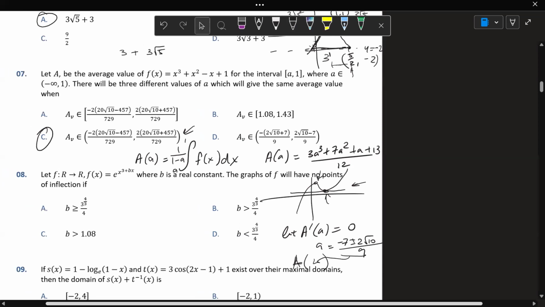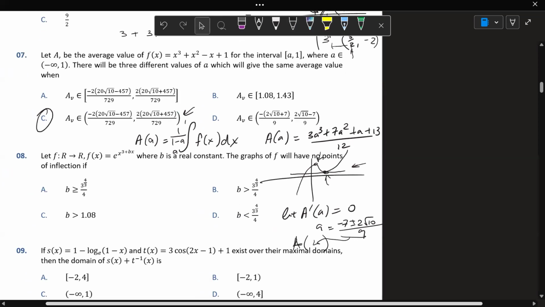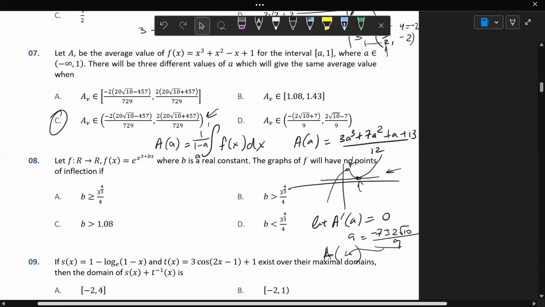Okay, so question 8. This is actually a pretty difficult question because you can't solve for it on the CAS. Well, you can, but not the normal way. The way that I started off with was just by doing f dash x equals 0. But you'll find that it doesn't really work because it's very complicated.